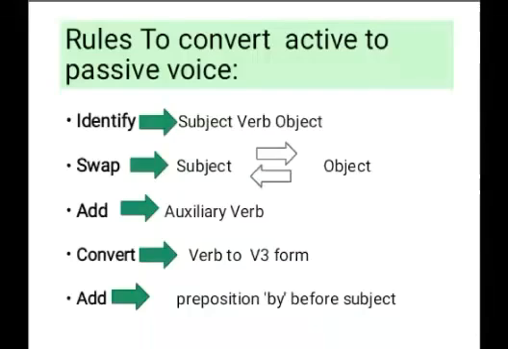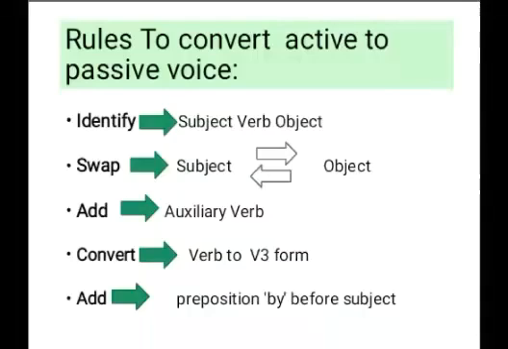Step 3 is to add the proper helping verb of to be before V3. Step 4 is to convert the main verb to the third form of the verb. And the fifth step is to add the preposition by before the subject.